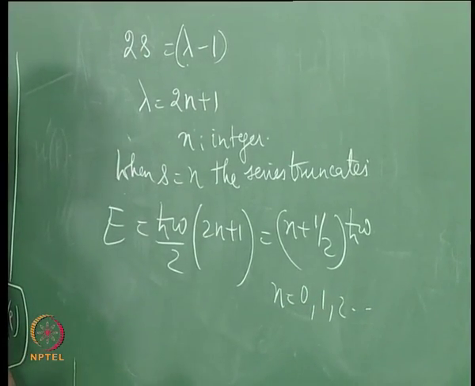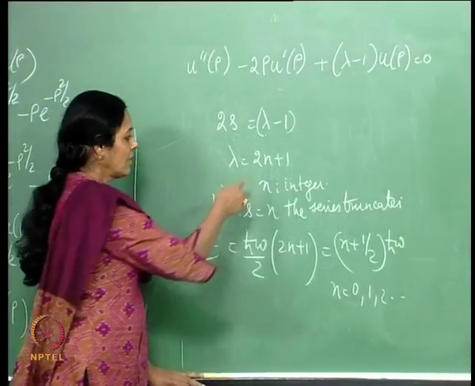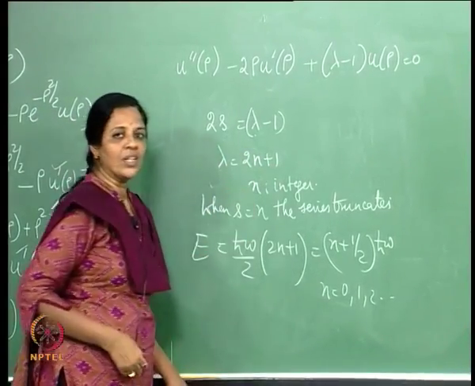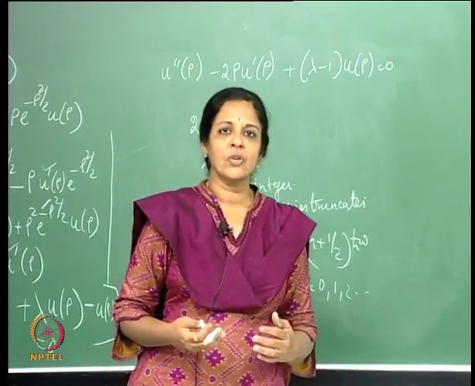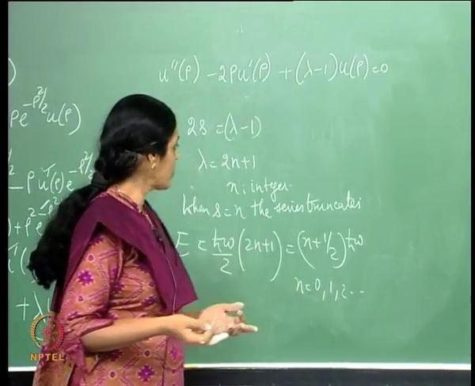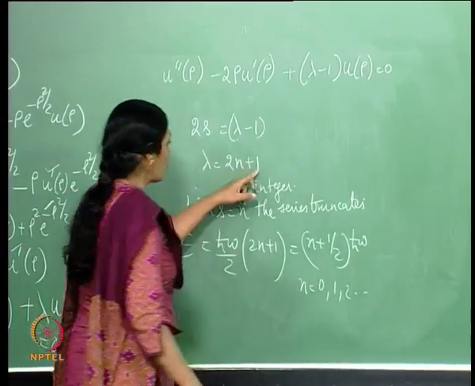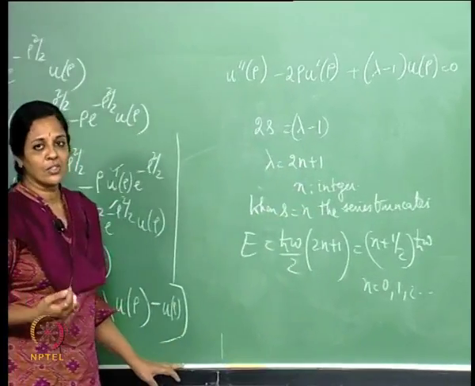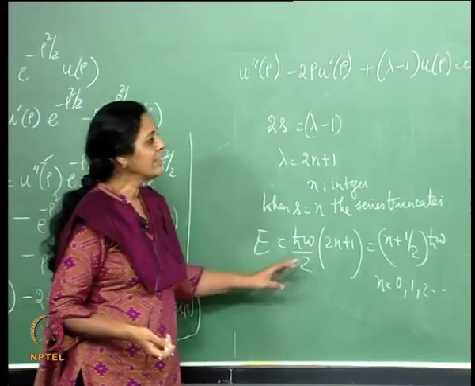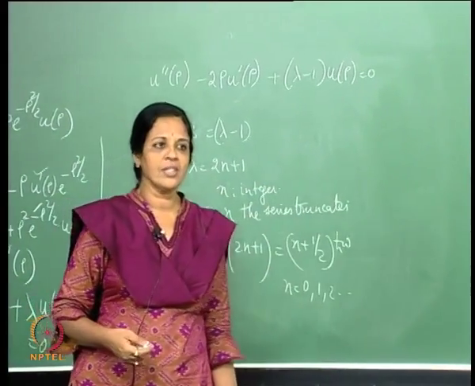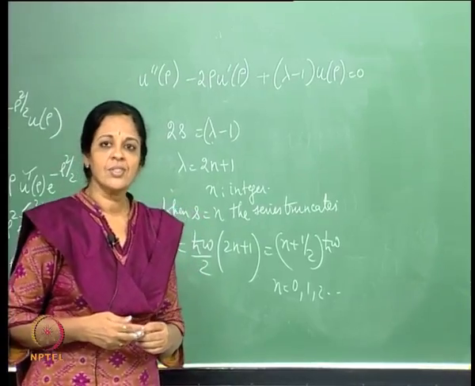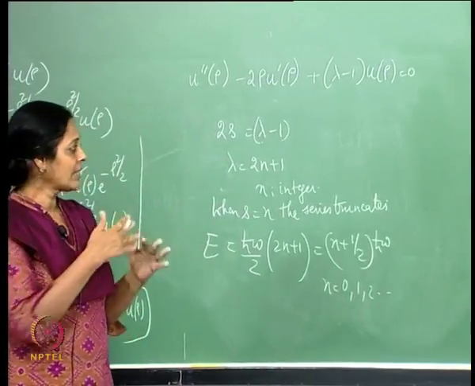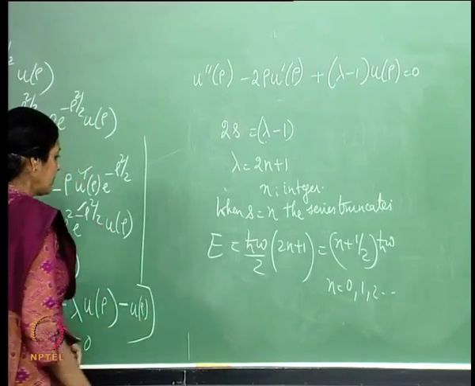When n is equal to 0, lambda is equal to 1, and that is the lowest value that n can take because s has to take positive values. So lambda equal to 1 really corresponds to the ground state of the oscillator, and indeed we saw that the ground state wave function in the position representation is a Gaussian, and that is how things get linked up with each other.